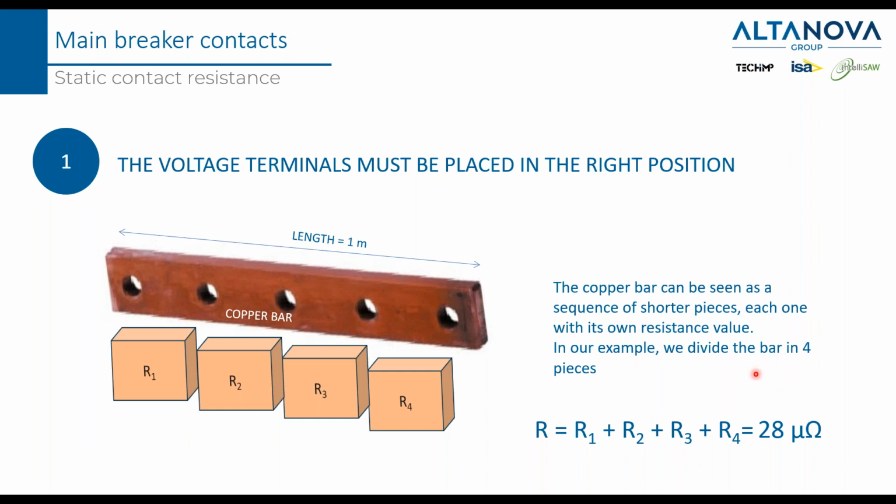You can divide in an infinite number of pieces, but let's keep 4 for simplicity. So the total resistance of 28 micro ohms comes from the sum of 4 small resistances, each one with its own value.